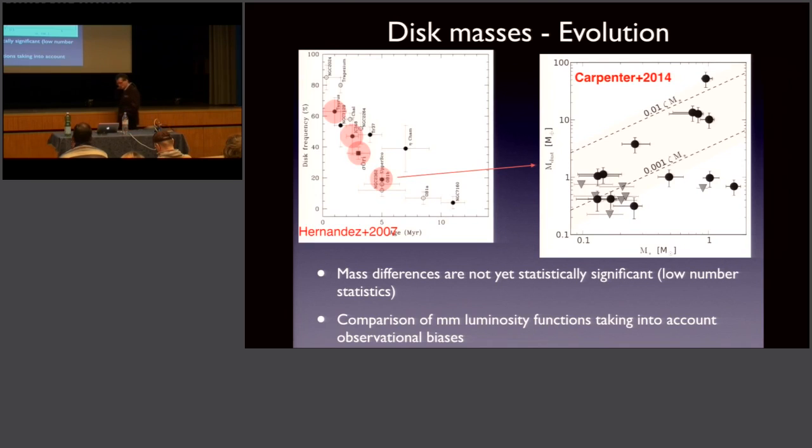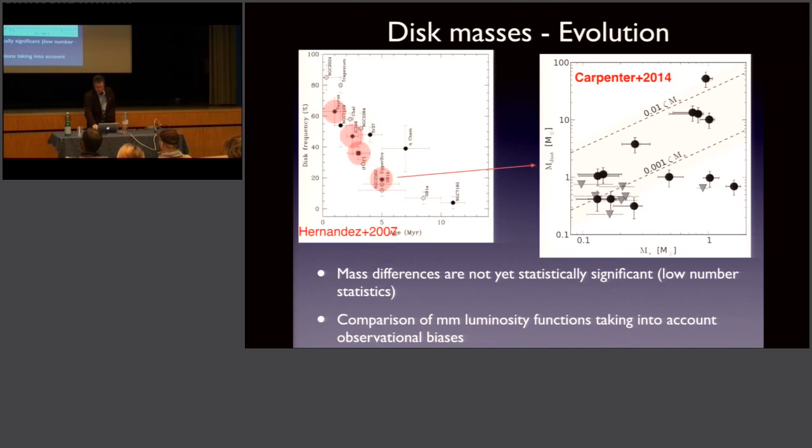So out of 20 disks that have been looked at, roughly speaking, between half and 2/3 are detected. The conclusion is that the mass differences in this particular case are not seen, but the statistics are not sufficient to really have a strong constraint on the difference between Taurus and this one.